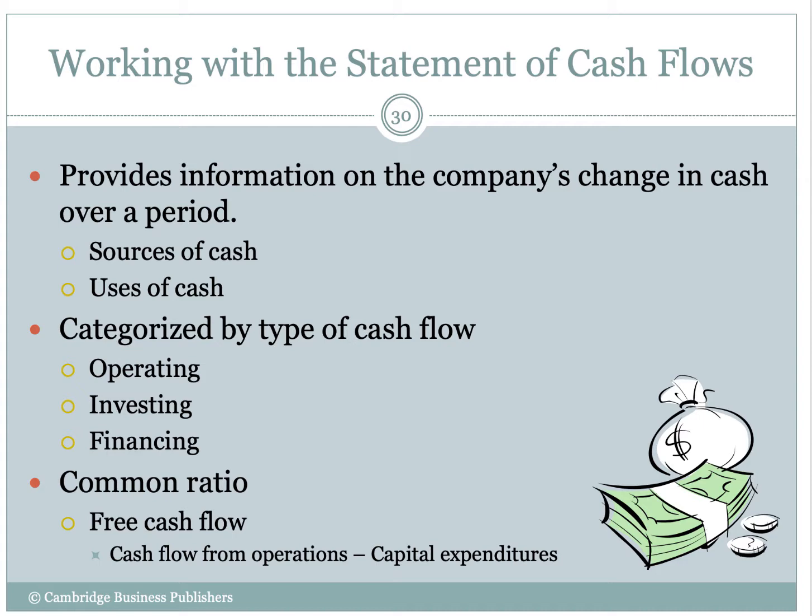This goes back to the beginning of the course when we talked about what a business does. A business operates, they invest, and they finance. So the categories of cash flow are operating activities, investing activities, and financing activities.